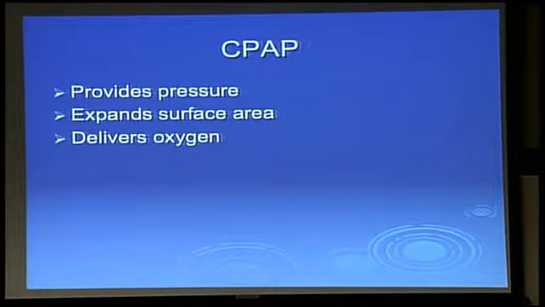So CPAP increases the amount of surface area that you have available for gas exchange. And because we're hooking it up to oxygen, you're also delivering oxygen with that. So other than airway problems, you can fix the vast majority of respiratory problems with CPAP.